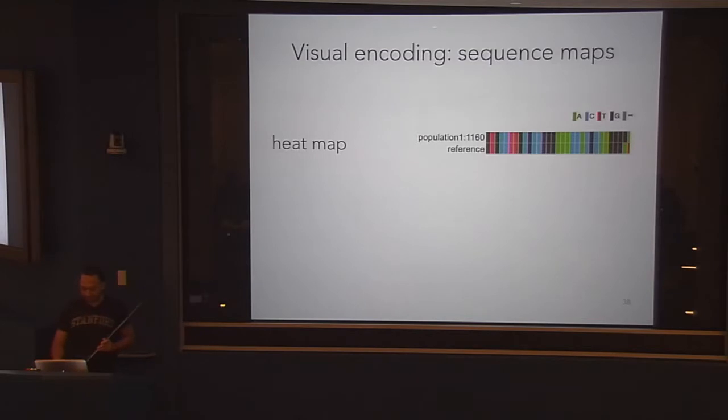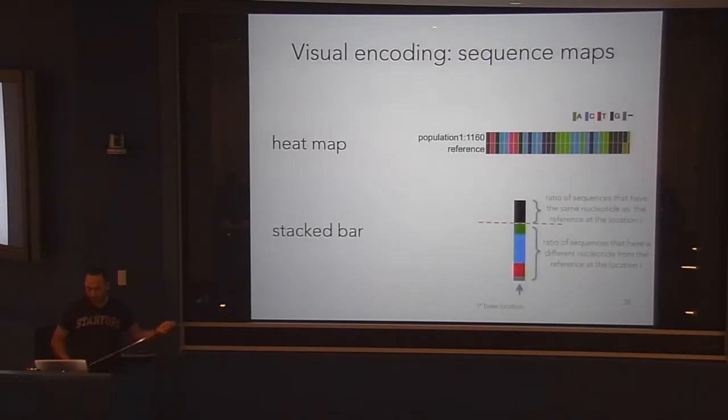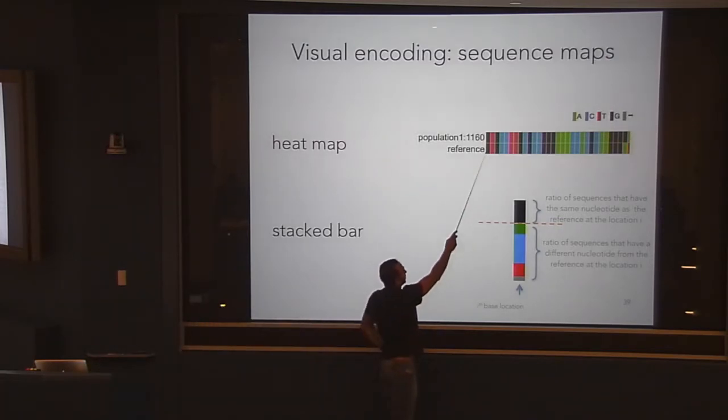I'm going to talk about that a little bit. The other representation we use in this case is a stacked bar representation, which represents different statistics over populations with respect to the reference sequence. At any given base pair point, the length is a baseline.